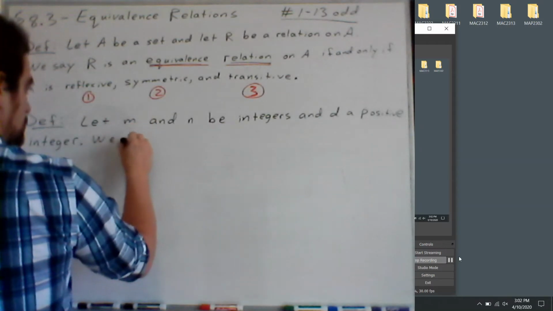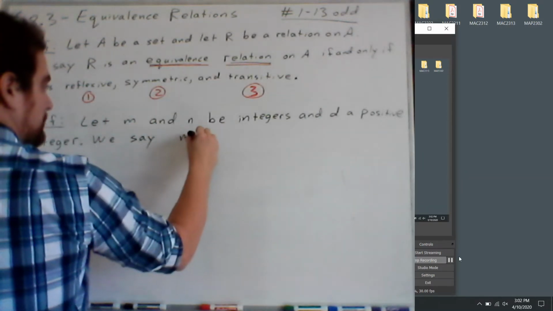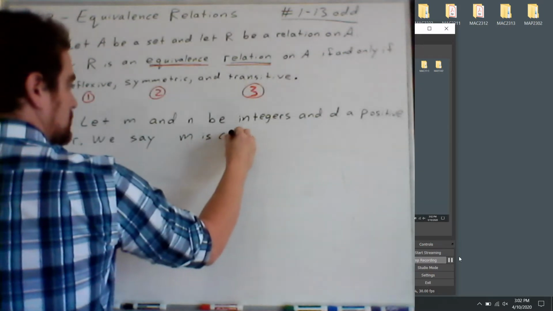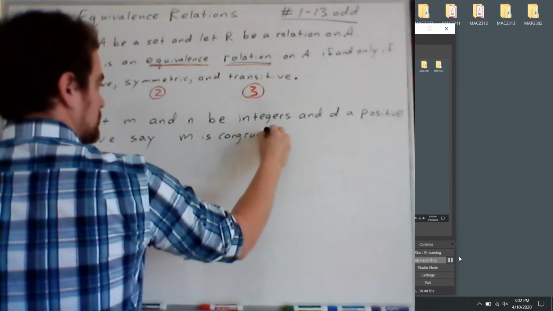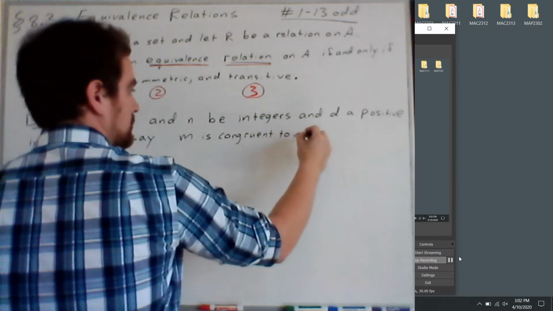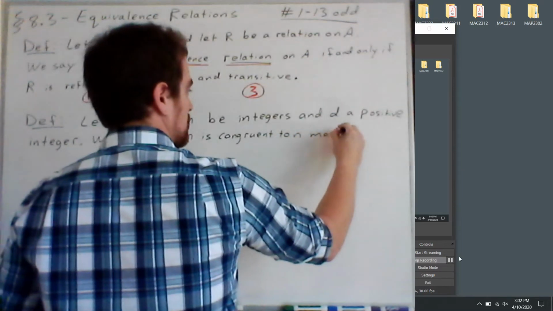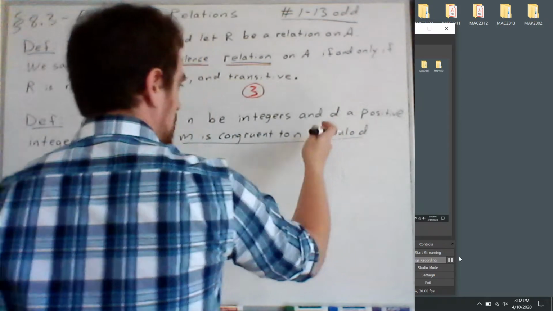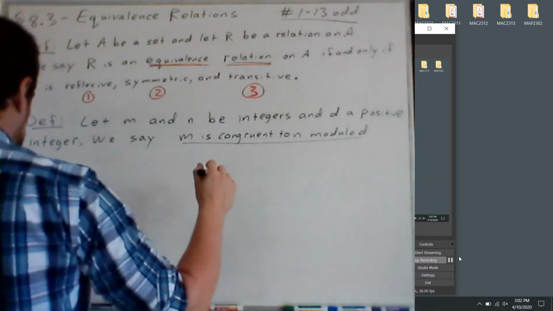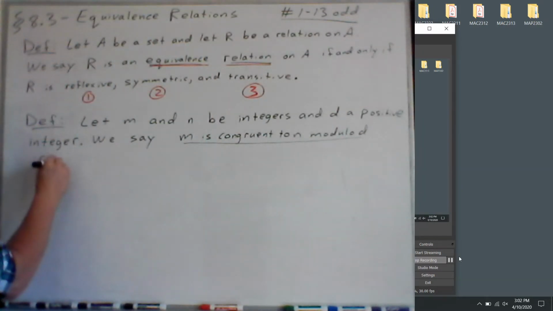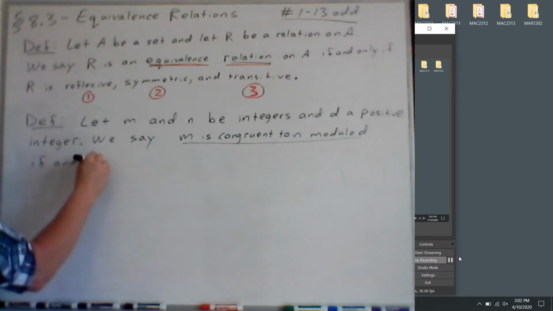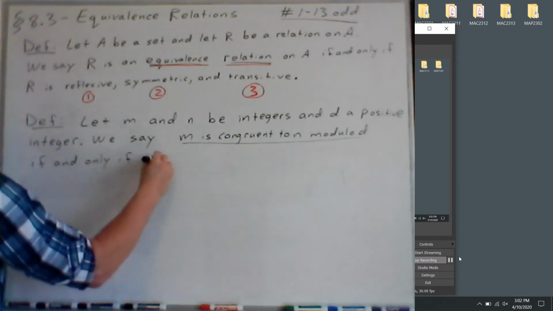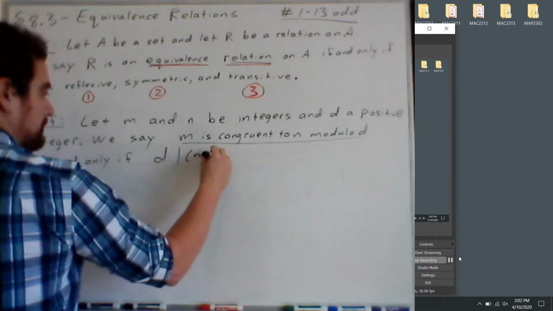We say m is congruent to n modulo d, or some people just say mod d, if and only if d divides m minus n.